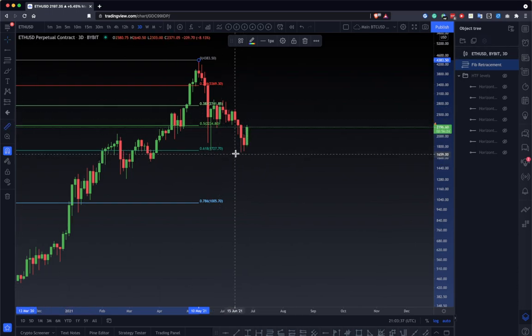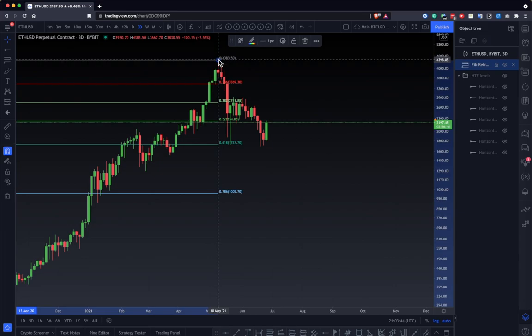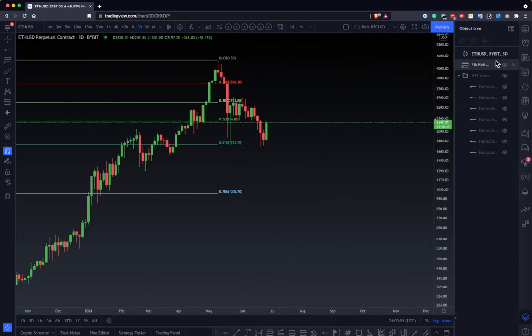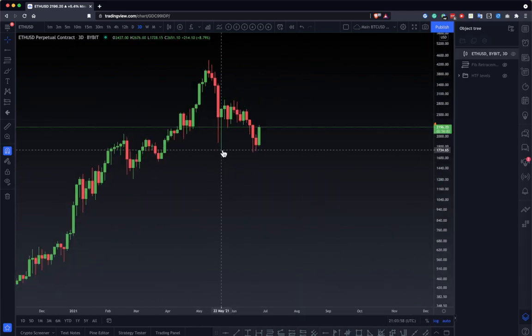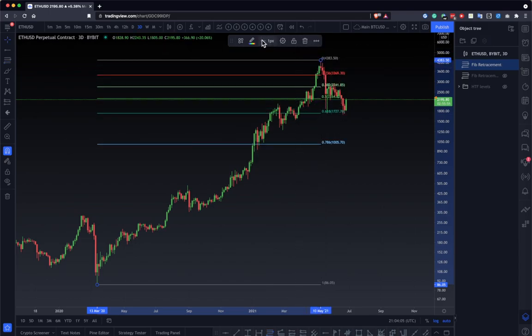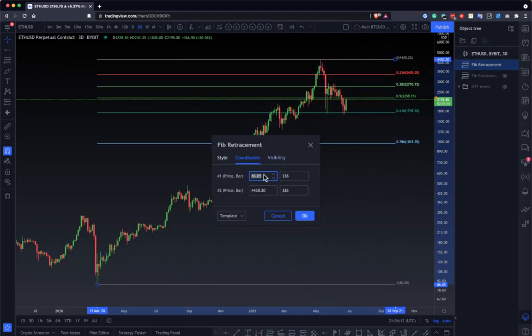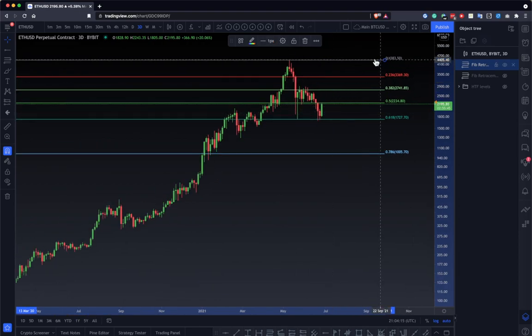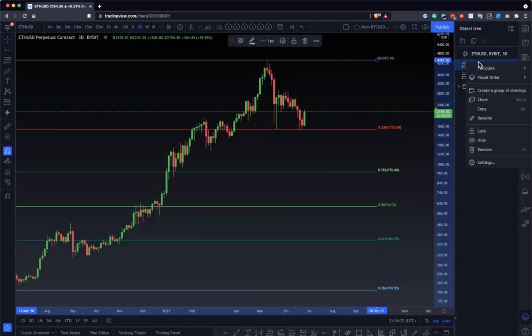Now we have a nice bounce of 30%, slightly more. I will keep both of them actually. So we have this fib retracement. I will do the other one again, and this is the log scale.